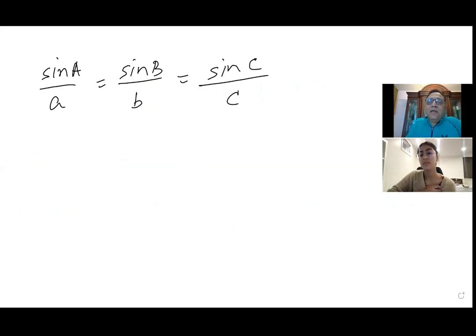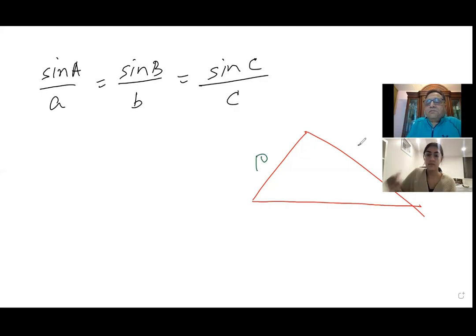For example, if I give you a triangle in which I give you three sides, say 10, 12, and 13, I cannot solve this triangle since I don't have any angle combination. You get the idea?